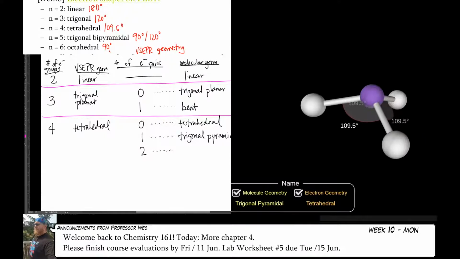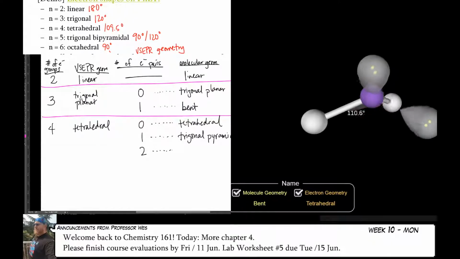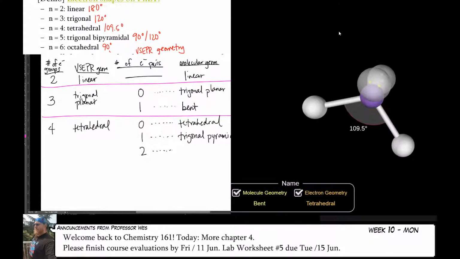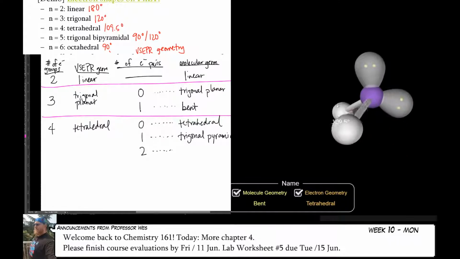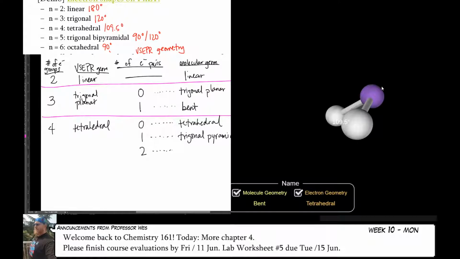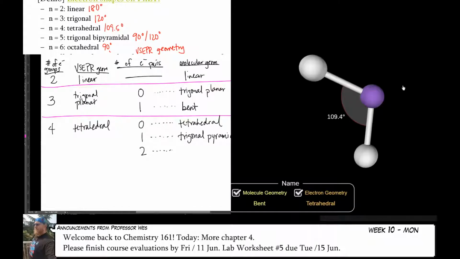Okay, let's do that again, but with one more electron pair. So we'll get rid of another bond and put another electron pair in. And you'll notice that when I hide... So let me arrange them so it looks like a tetrahedron again. We've just got these electron pairs here. But when I hide the pairs, this looks like something we've seen before, doesn't it? This looks like bent. It just has a different angle.